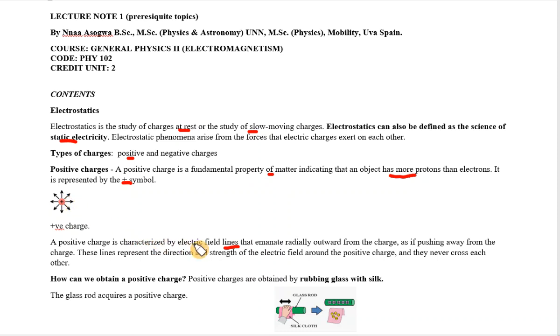So how can we obtain a positive charge? Positive charges can be obtained, of course, when you rub, for instance, glass with silk. So when you rub glass with silk, one can obtain a positive charge. You notice that the glass rod acquires a positive charge.